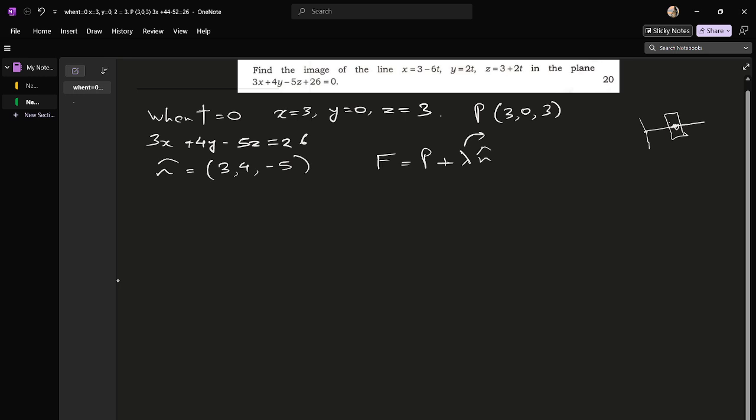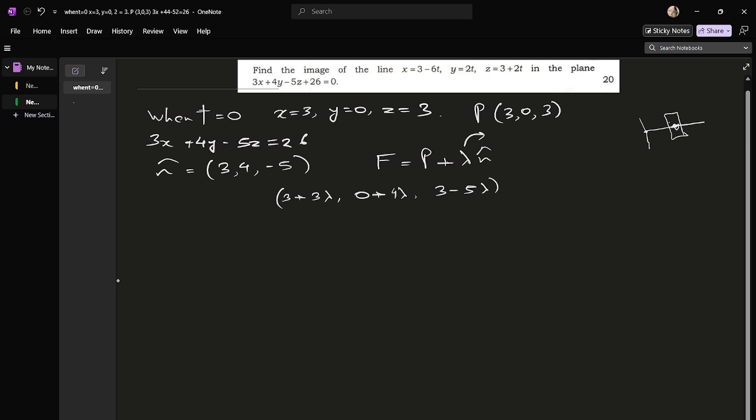So f equals (3 plus 3 lambda, 0 plus 4 lambda, 3 minus 5 lambda), as our p is (3, 0, 3) and our n is (3, 4, minus 5), so multiplying by lambda we get this value.